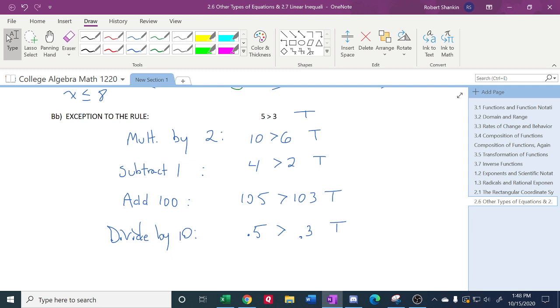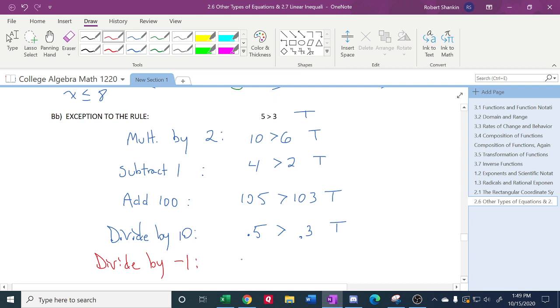This is group 1. Yes? We think that if you divide both sides by a negative number without flipping the inequality sign... So let's do that. Divide. Let's make it the simplest number I can think of, by negative 1.